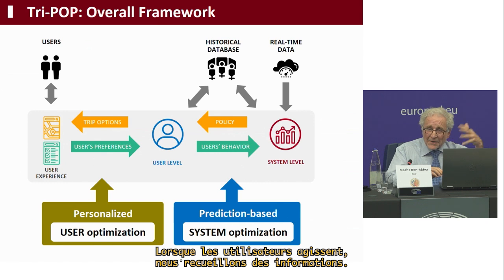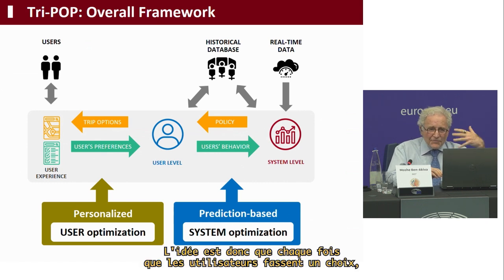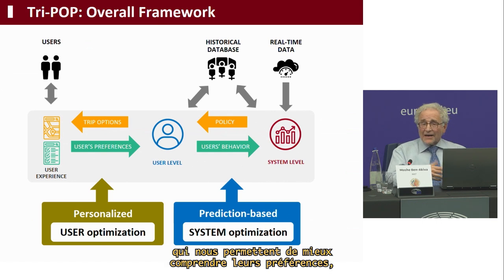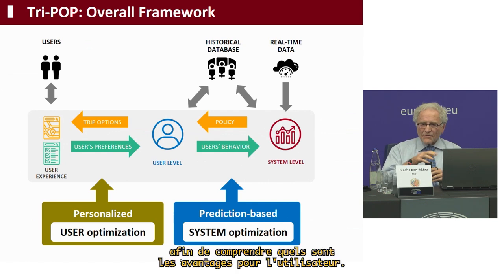When users behave, we collect information. Every time users make a choice, we have additional information that allows us to better understand their preferences and estimate their utilities, their money metric utility, so we understand what the benefits are to the user.